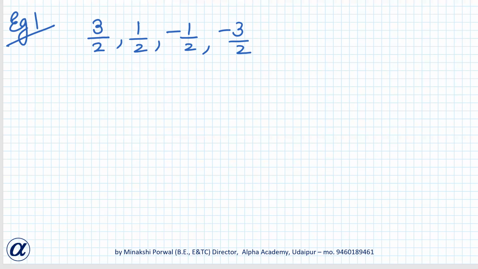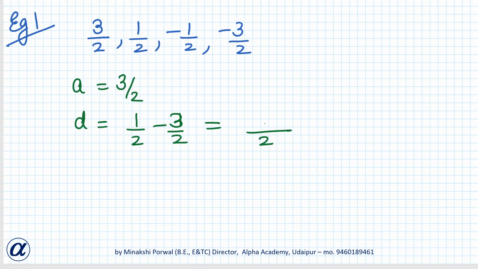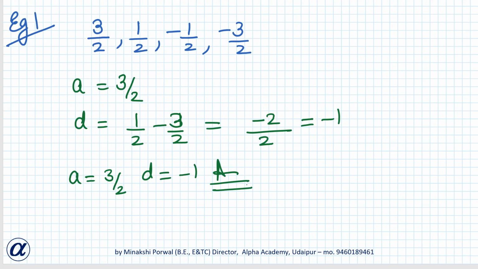The first number of the sequence is always written as the first term. So a equals 3 by 2. The common difference is the second term minus the first term, so it is (1 minus 3) by 2, that is minus 2 by 2, which equals minus 1. So a is 3 by 2 and d is minus 1. This is the answer.